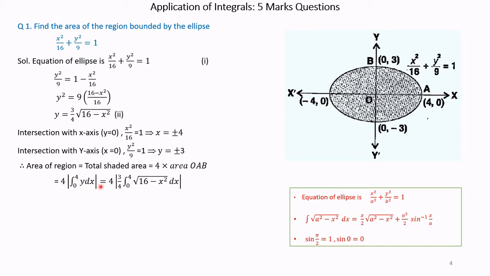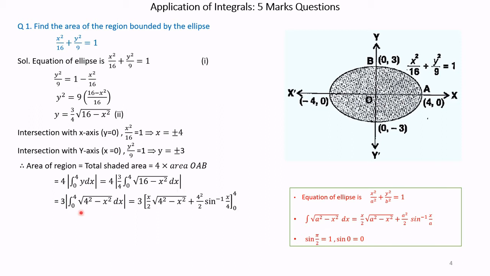That is equal to 4 into mod of, we will substitute the value of y from equation 2. That is, y is equal to 3 by 4 into square root, integral 0 to 4, 16 minus x square dx.